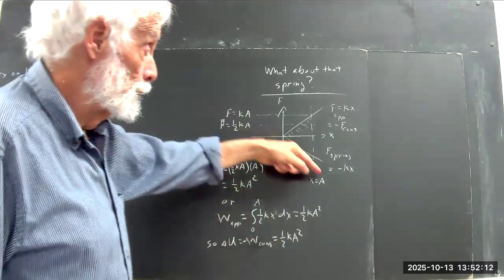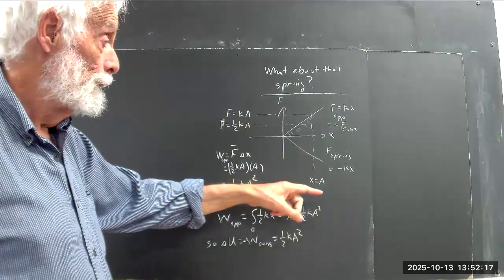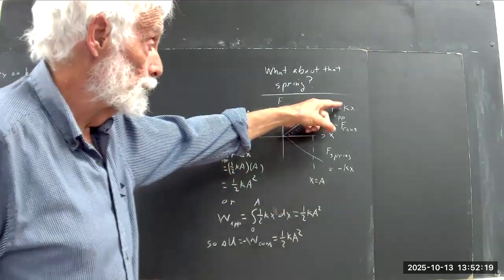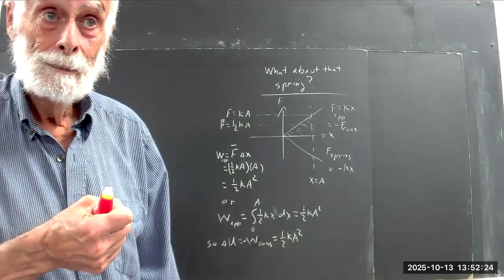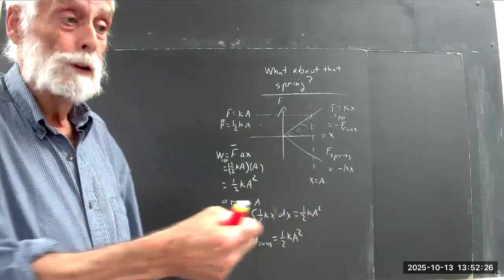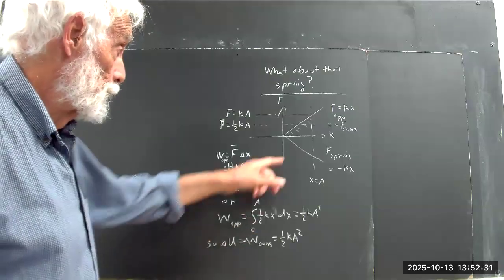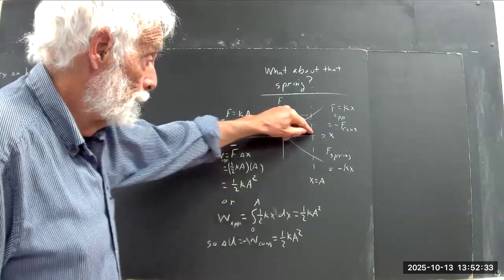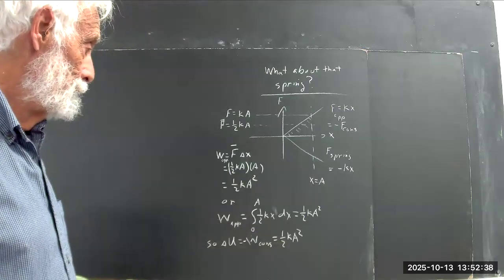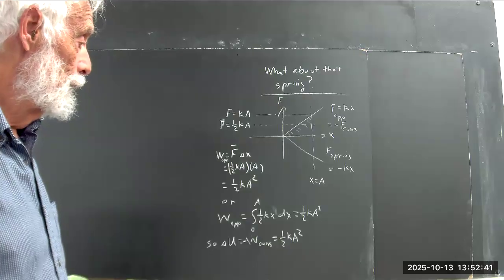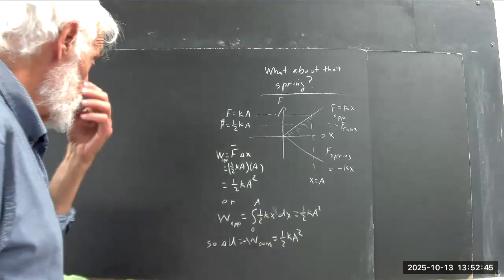Okay, this is your conservative force. Your conservative force exerts force negative kx. The equal and opposite force is this one, the force you would have to apply to stretch this thing out. And that work is positive. So the change in potential energy from 0 to A is positive. Sort that out, and make sure you understand the sign of the work.